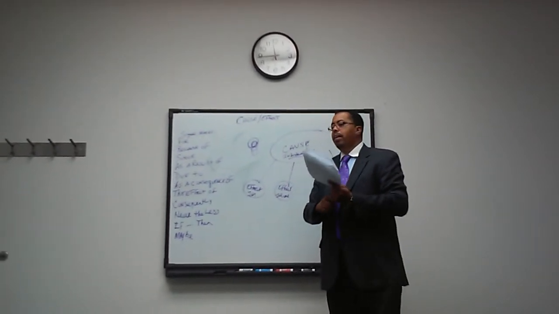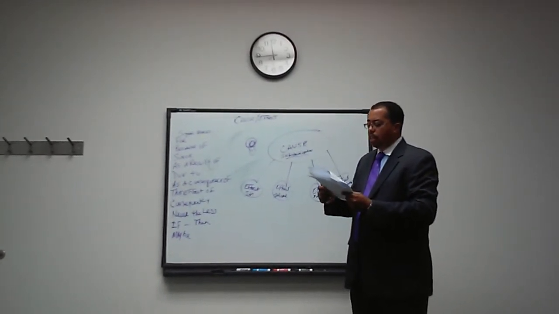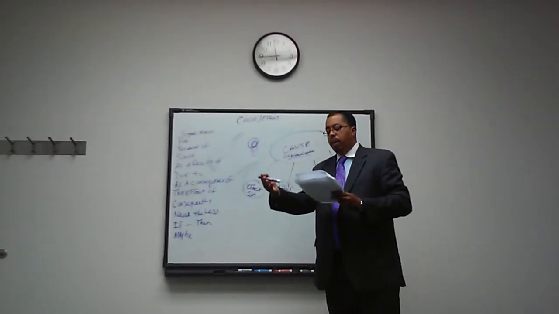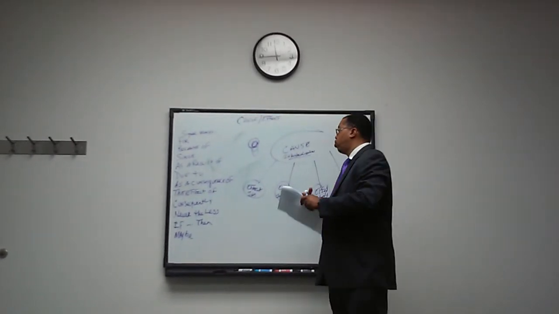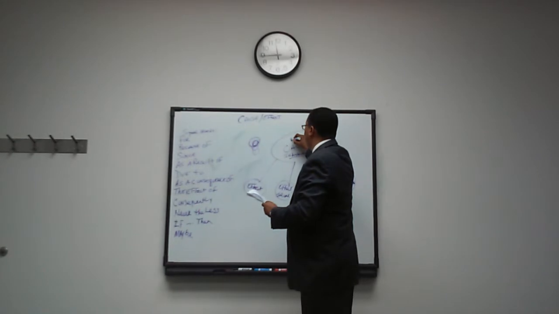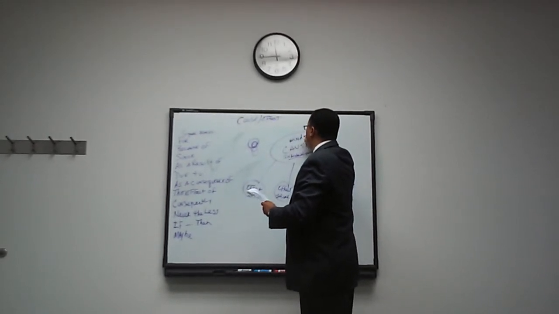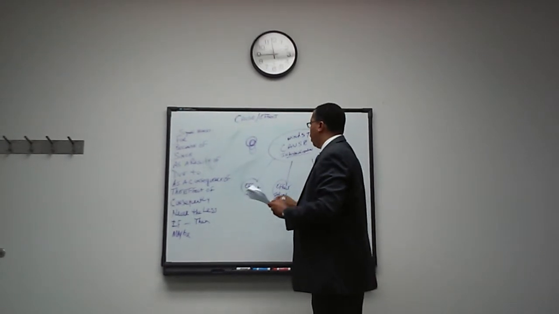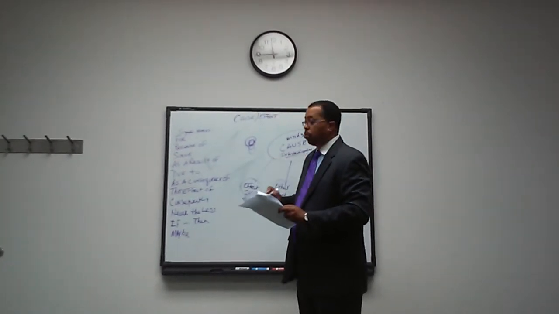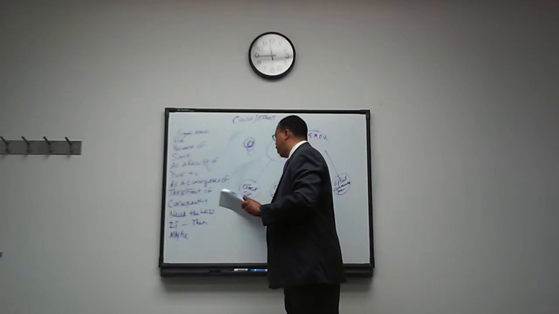So the hurricane is a cause, but it can also be an effect of rising winds. So let's use rising winds as the cause at 75 miles per hour. And what is the effect of those winds rising? The effect is a hurricane.